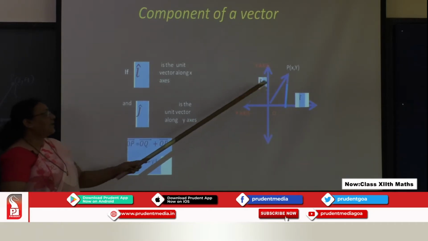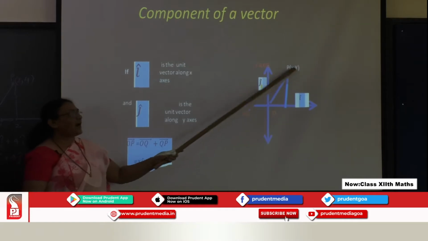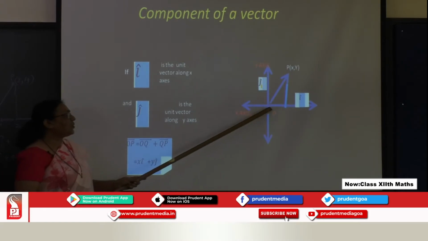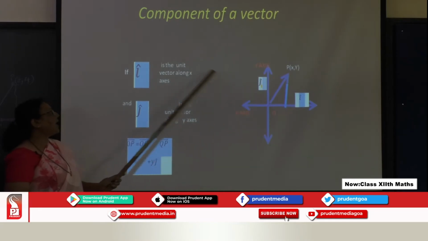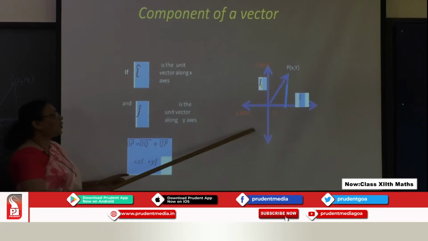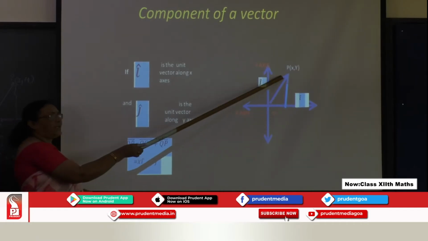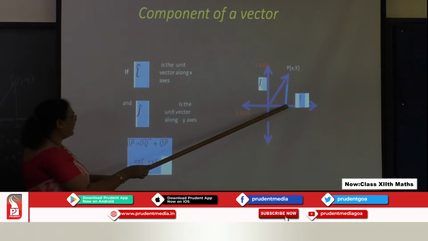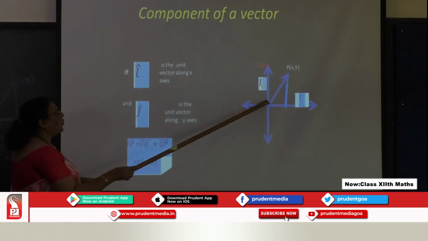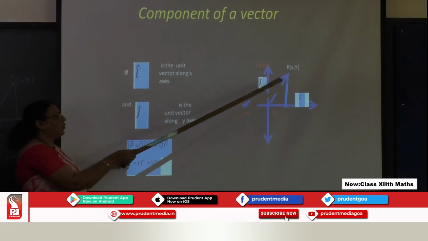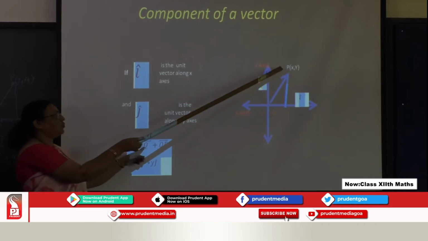Then point P x comma y in space, here it is in 2 dimension, and O is the origin. i is the unit vector, j is the unit vector. Then O to P is same as O to Q and Q to P. This one is Q here. O to P is same as O to Q plus Q to P.